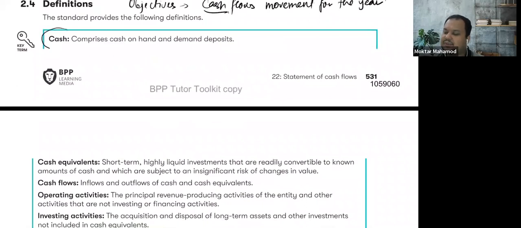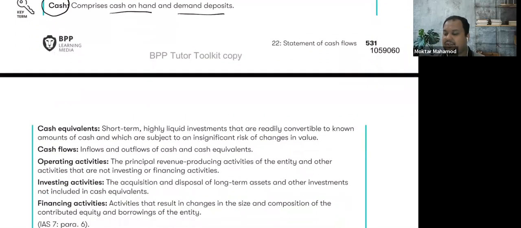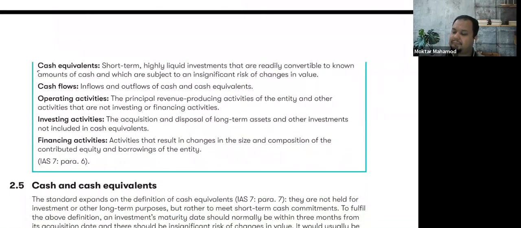Cash is straightforward. It will be cash on hand and demand deposits, so cash at bank as well, and cash equivalent. The keyword for cash equivalent is readily convertible into a known amount of cash, meaning that if they want to convert into cash immediately, they can do that.